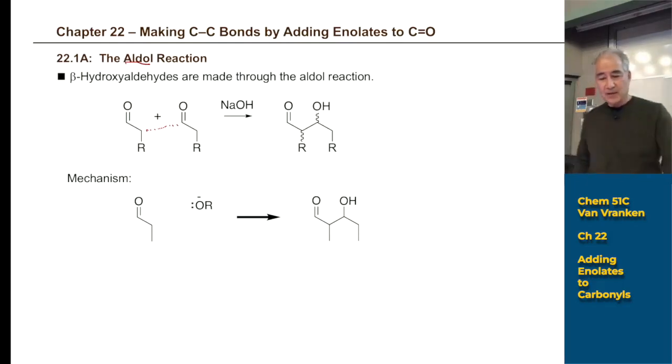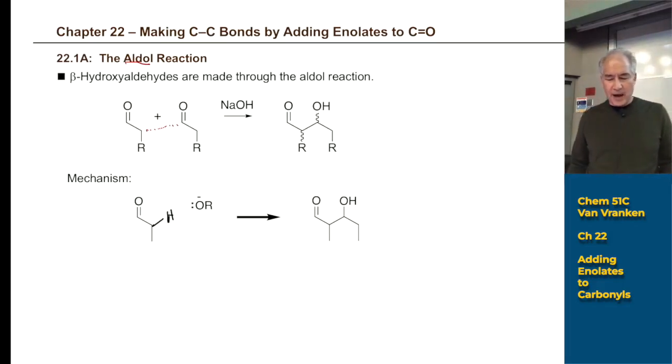All right, let's talk about what's going on in this Aldol reaction. The mechanism is going to start off with deprotonation, and traditionally the conditions for these alkoxide-promoted aldol reactions are that you deprotonate with the alkoxide base in order to make an enolate. You could use sodium hydroxide here.